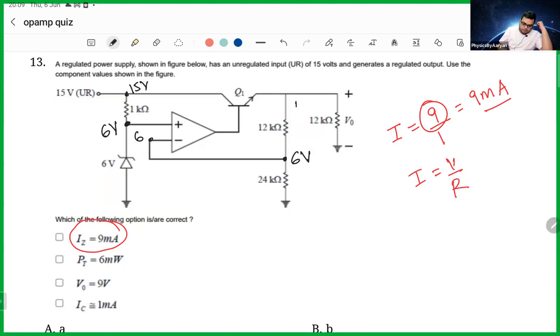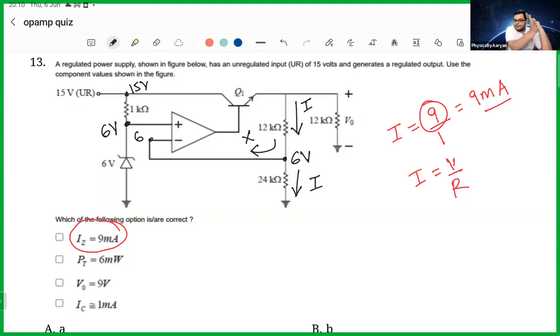If the current comes down here, let's say some current comes here, then no current can go in this direction, because otherwise it will enter the op-amp. So this is not allowed, and the entire current will flow down. So whatever is the current in 12 kilo ohm, the same current is there in 24 kilo ohm.